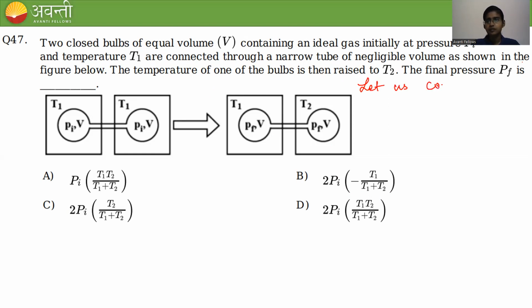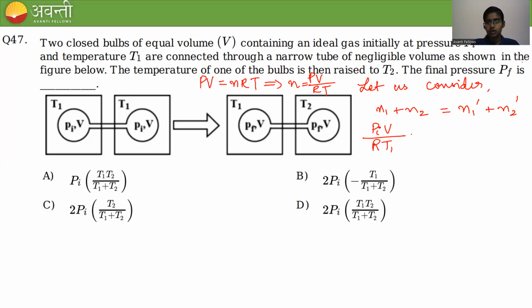So let us consider n1 plus n2 is equal to n1 dash plus n2 dash. Here n1 is the number of moles of the first system. From PV is equal to nRT, n is equal to PV by RT. So n is Pi V by RT1 plus Pi V by RT1, which is equal to n dash, the final.